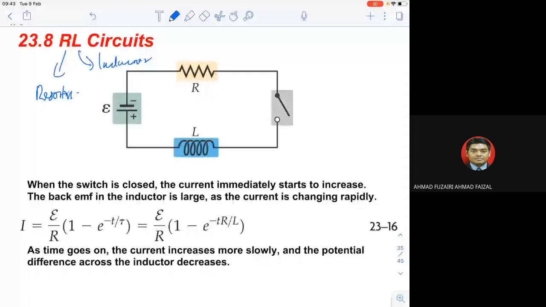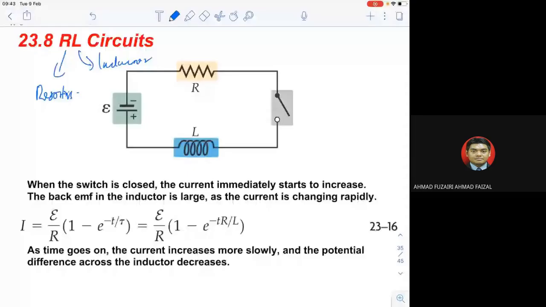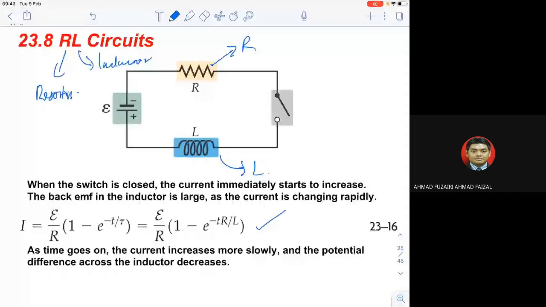That means in the direct current circuit, we'll have R and also L. When the switch is closed, the current immediately starts to increase. The back EMF in the inductor is large, the current changing rapidly. As time goes on, the current increases more slowly, and the potential difference across the inductor decreases.